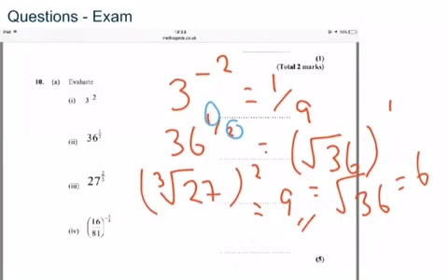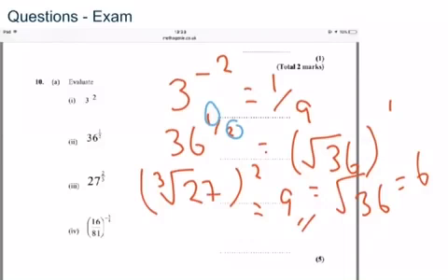Finally then, we have 16 over 81 to the power of minus 3 over 4. Right, so we have 16 over 81, that's our base, and we are raising that to a negative power. So we know the negative in that power means that we're going to end up taking the reciprocal. So let's ignore that for now. We're going to raise the 16 over 81 by 3 over 4.